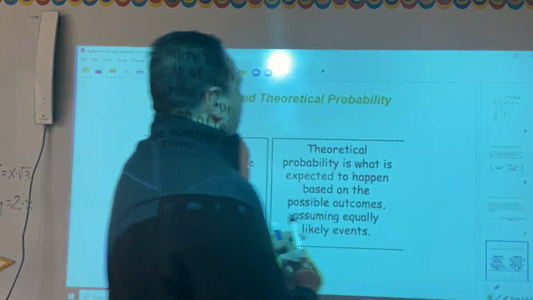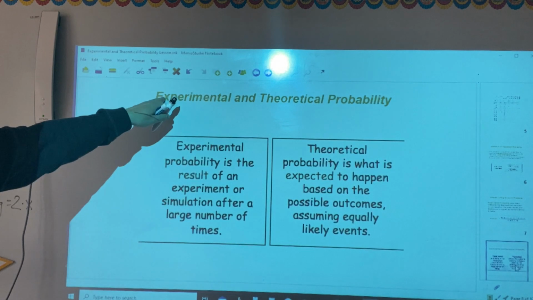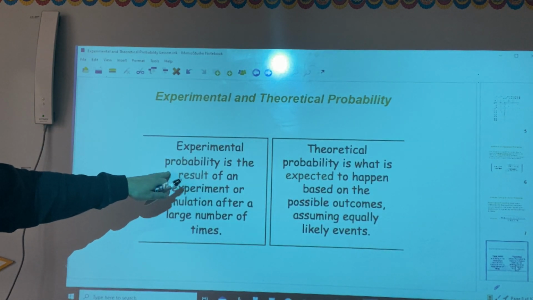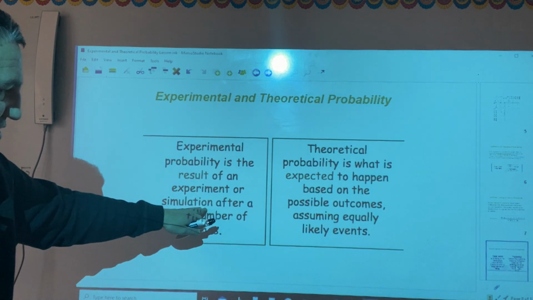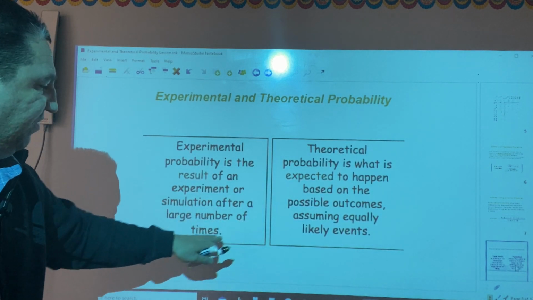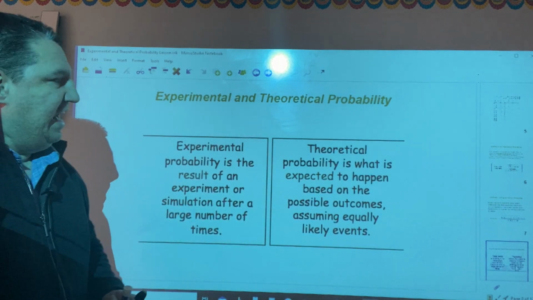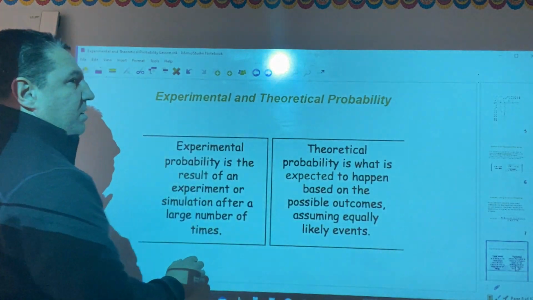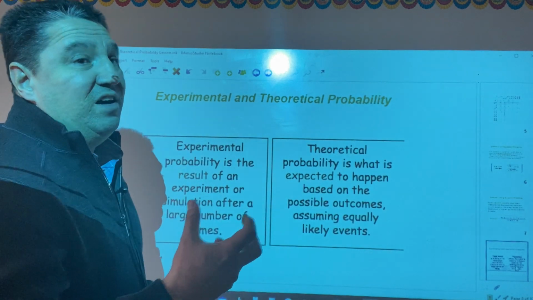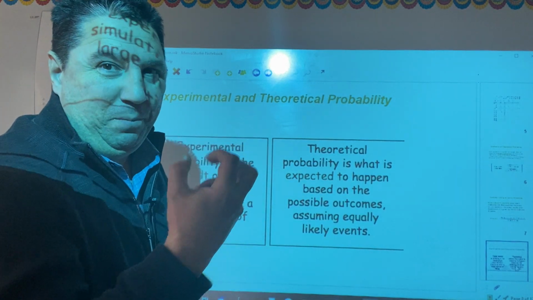Now, experimental probability is the result of an experiment or simulation after a large number of times or trials. In fact, I would say the experimental probability is a kind of real probability.